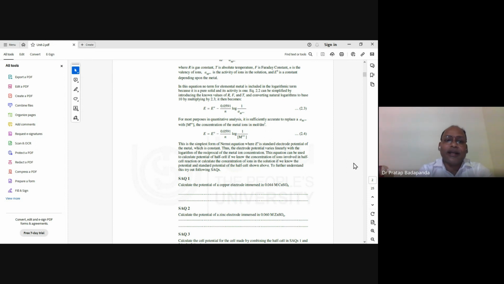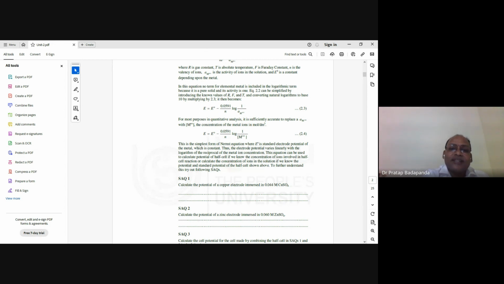Suppose here the concentration of copper is given. What is the amount of copper given here? It's 0.044 M, meaning molarity.